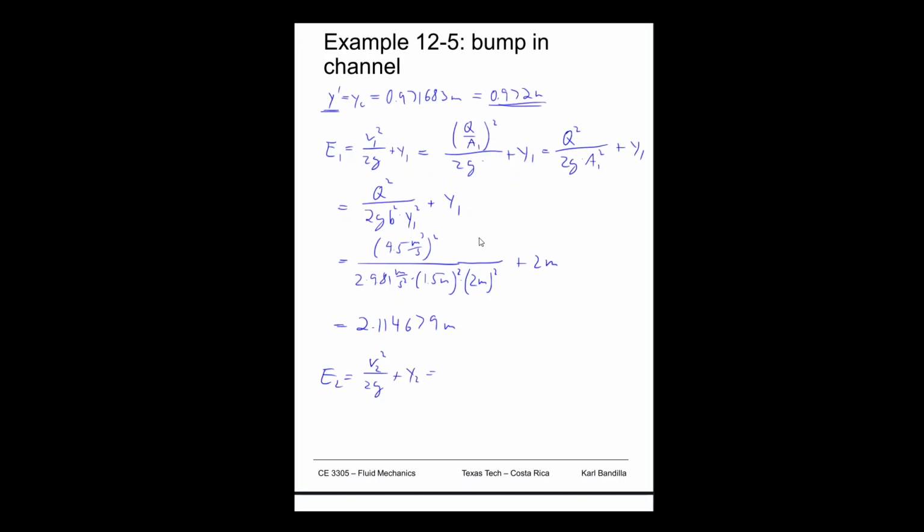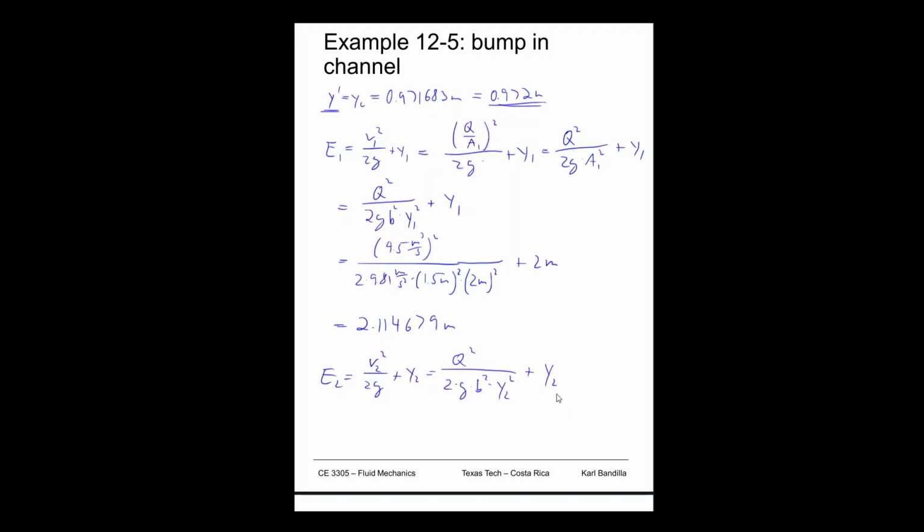And then we can do exactly the same steps, right? So it'll be Q over A2 squared, and so on. So we'll just take the last step here. So that would be Q squared over 2 times g times b squared times y2 squared plus y2.